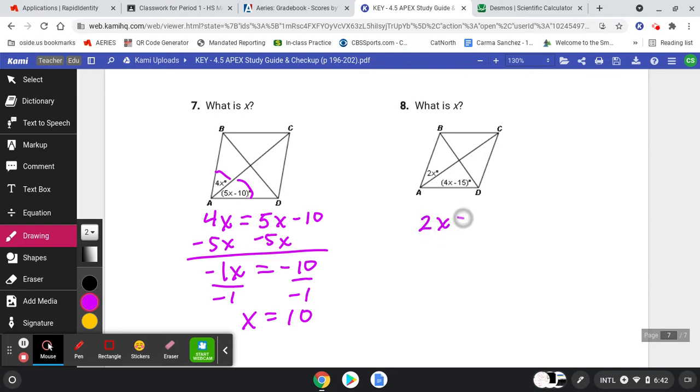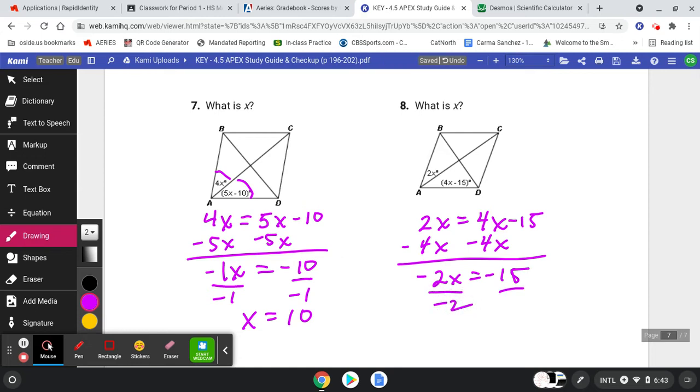Again, these two are equal. They are bisected by that diagonal. Move the x's to one side. And remember that it's sometimes okay for us to get fractions. So 15 halves, you can leave it as 15 halves.